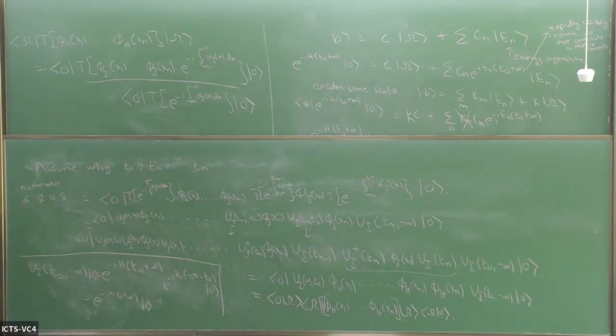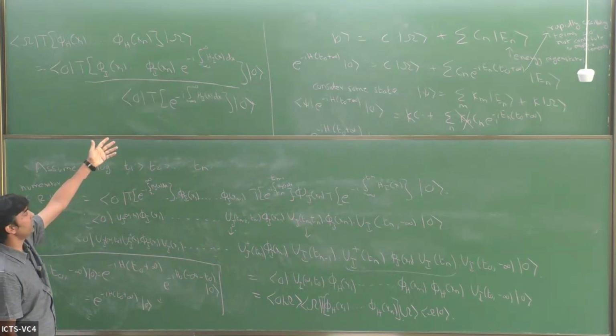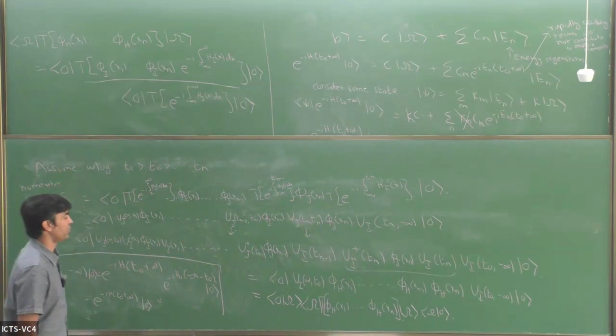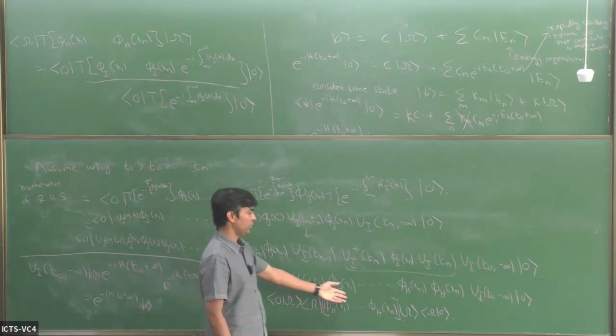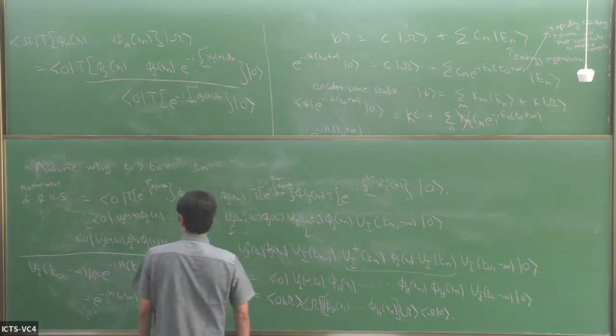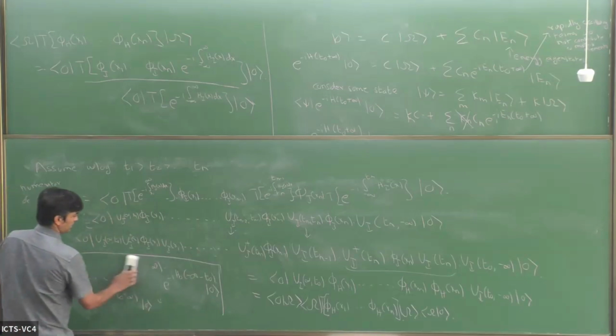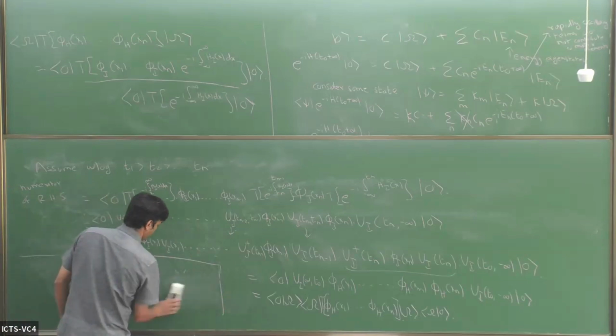Good. Now what about the denominator of the formula? Well, the denominator is pretty simple because the denominator is just evolution from minus infinity to T_0 and evolution from T_0 to infinity. So it's just the product of these two factors with no phi's inserted. So that's what we had to say about the numerator.